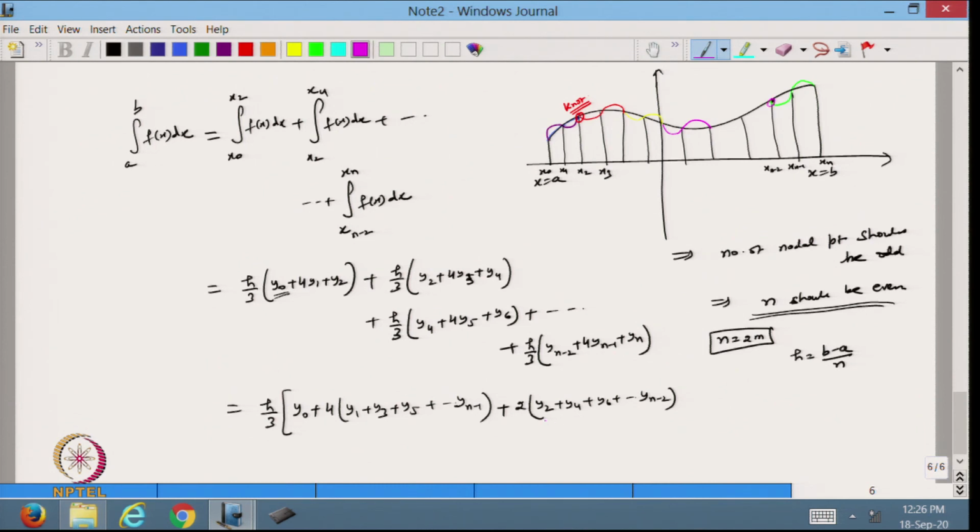Wherever the connecting node is there, I will get 2 times that one, plus the last term, that is yn.